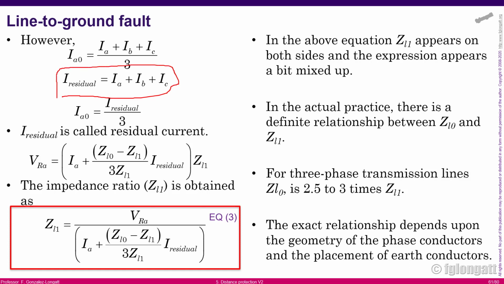If the system is working in a three-phase load and is a symmetrical load, the residual current must be 0, okay? But if we have an unbalanced condition like the single phase fault, the sum of those three currents is not 0. And that is what we call the residual current, okay?